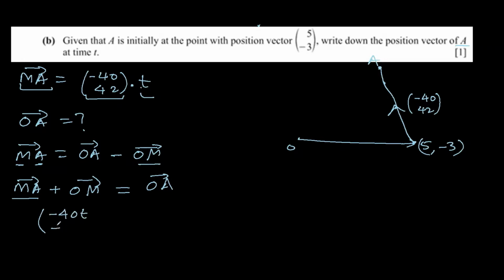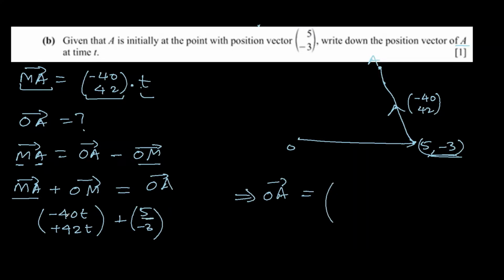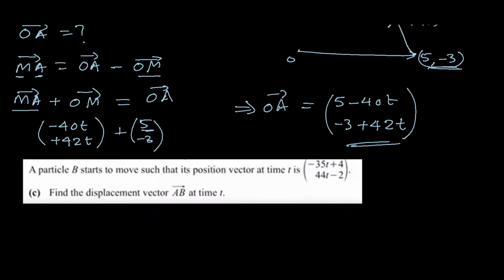And OM is already given, the position vector is (5, -3). So finally, the position vector of A will be: let's add 5 with -40t, and -3 plus 42t. This is the position vector of A.